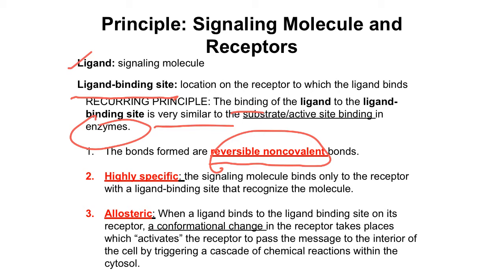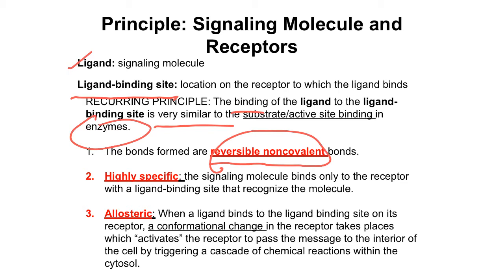In other words, think, for example, if the bonds that are formed are irreversible covalent bonds, what would be the problem that might ensue in terms of the interaction between the signaling molecule and the receptor when it comes to generating signals or when cells communicate to each other.